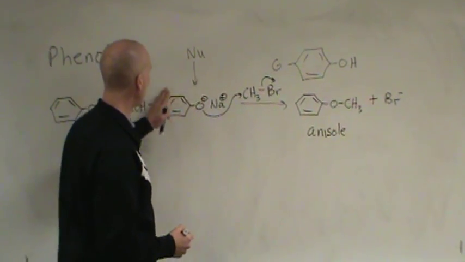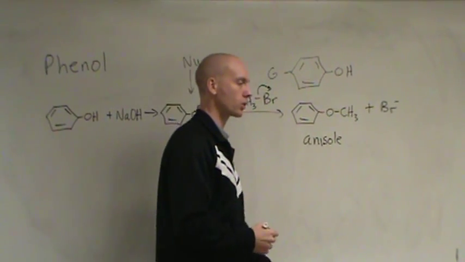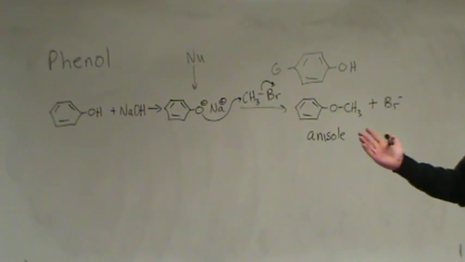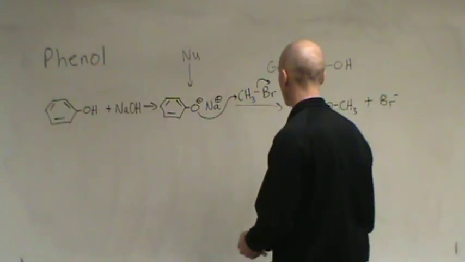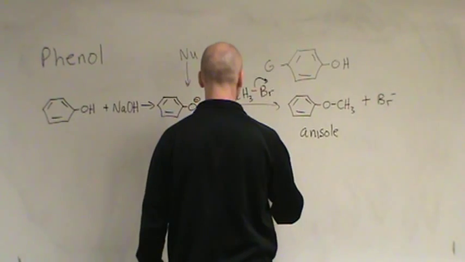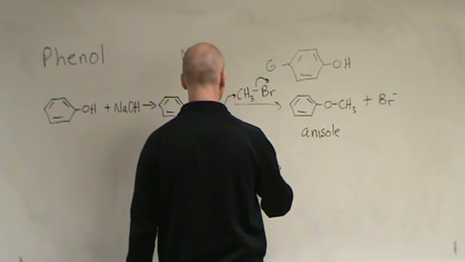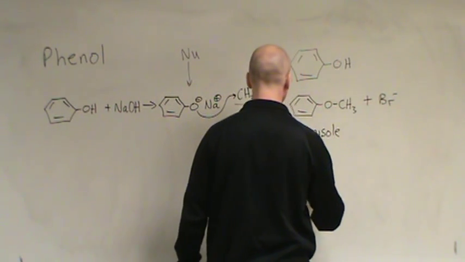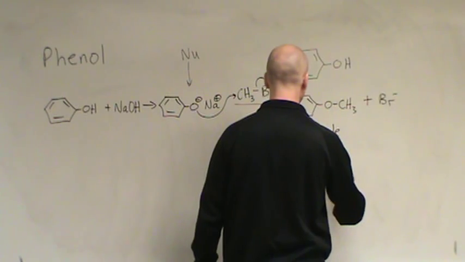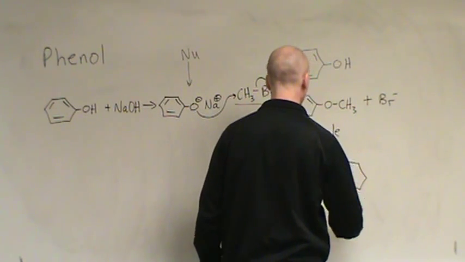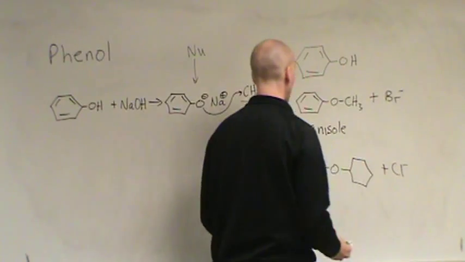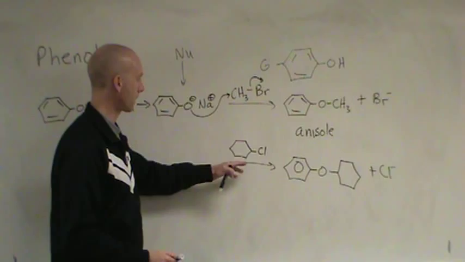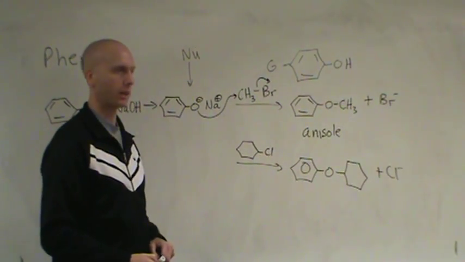Okay? So here, I wanted to introduce us to the phenoxy ion being a nucleophile to be able to attack substrates of different types. Here, for example, I made the substrate a cyclohexane ring with a chloro leaving group.